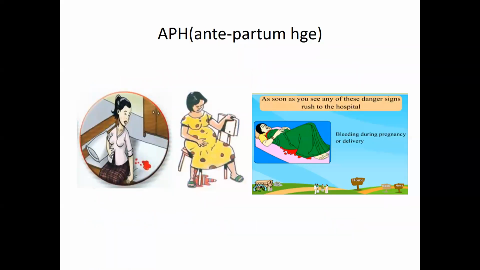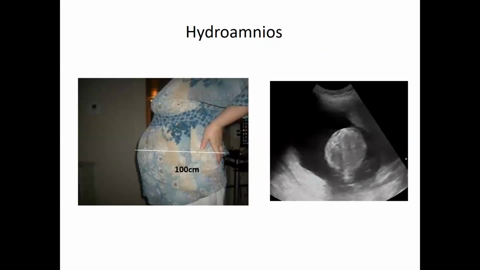What is antepartum hemorrhage? Anytime during the pregnancy or during the delivery, if the mother complains of bleeding, we call it antepartum hemorrhage. And this is a very important danger sign. Immediately the mother should consult the doctor. Hydramnios is also another condition, and it should be diagnosed by ultrasonogram.